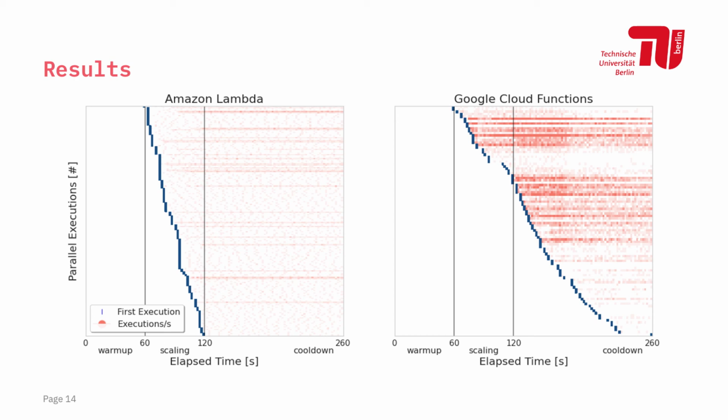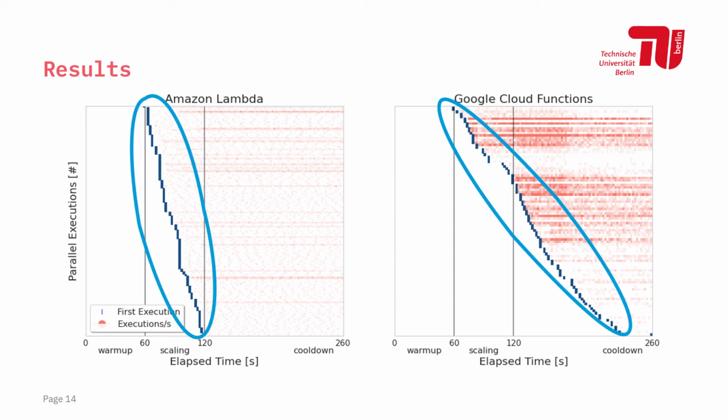The first thing that we noticed looking into the data is that Amazon created a lot more runtime instances than Google Functions. Second thing you might notice is that Amazon only created new instances during the change in target throughput, while Google was lagging behind, which might be one reason why we see this increased mean response latency.